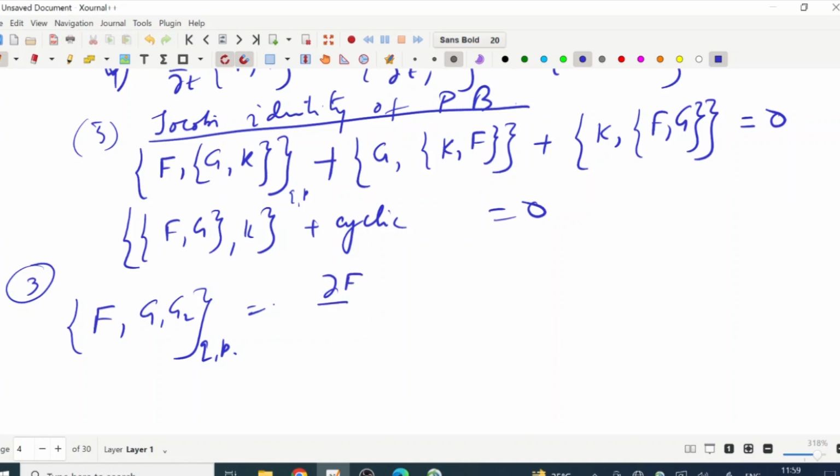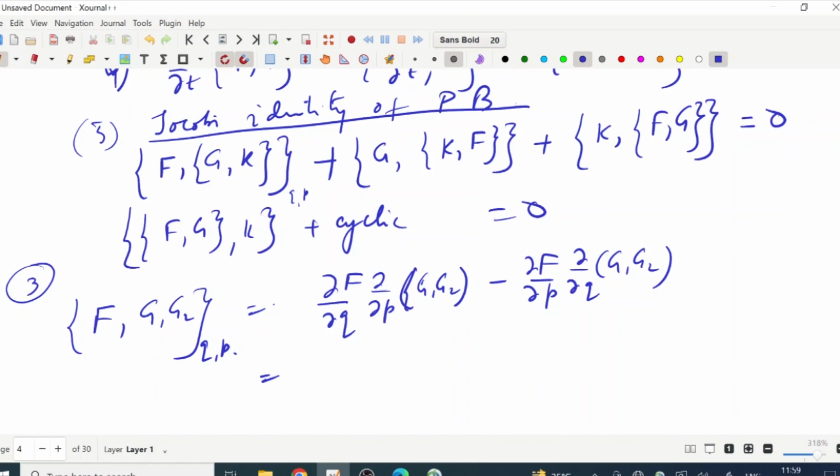So, del f del q, then del p of g1 g2, minus del f del p, del q of g1 g2. Simply using the differentiation rules for a product, you will get the property. First, del g1 del p, with g2 unchanged, plus g1 del g2 del p.